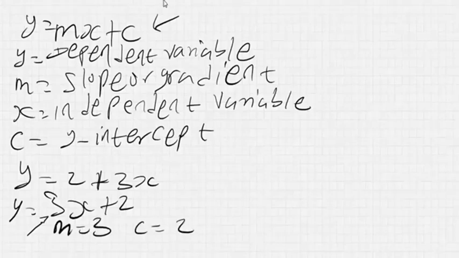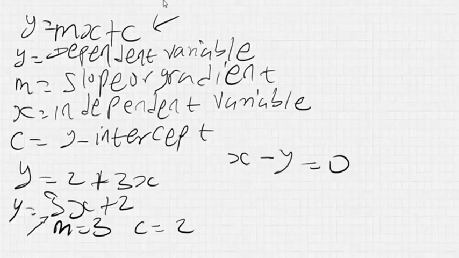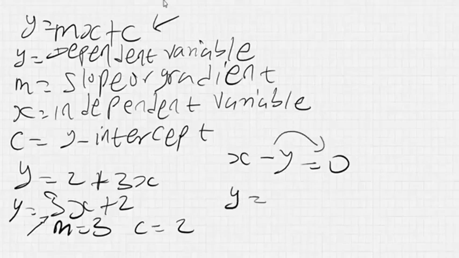Another example, let's say we are given x minus y equals 0. If we rearrange this equation to put it in standard format, y equals mx plus c, you're going to have y equals x, because this y crosses over the equality sign and changes to positive, and the 0 crosses over and is still 0. So y equals x plus 0.